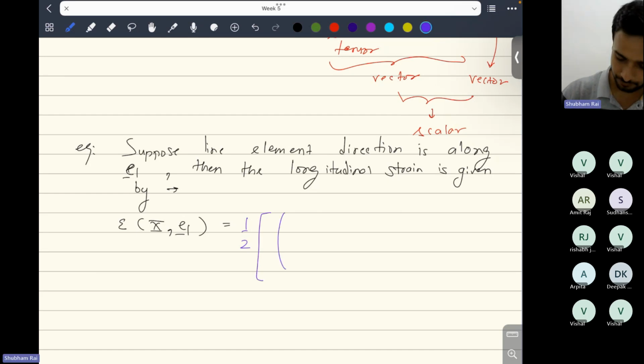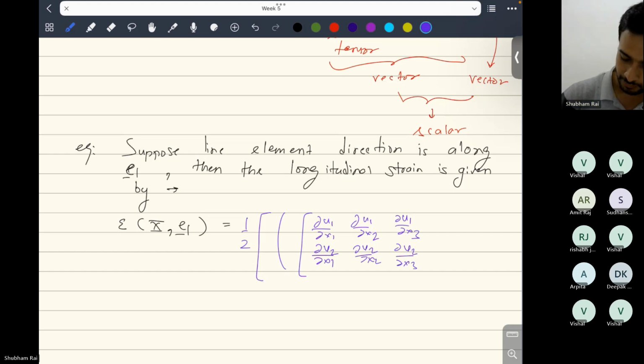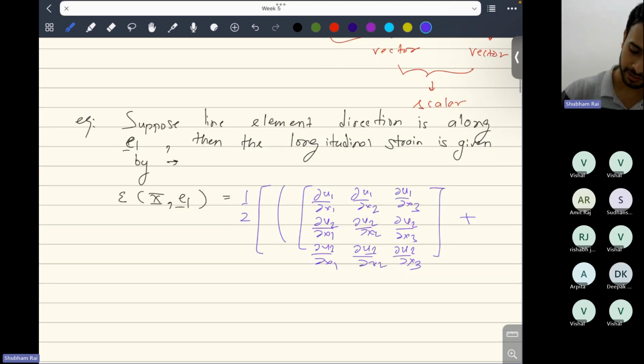Here you have grad u, so that is del u1 by del x1, del u1 by del x2, del u1 by del x3, del u2 by del x1, del u2 by del x2, and del u2 by del x3, del u3 by del x1, del u3 by del x2, and del u3 by del x3. You have this, and then plus transpose of this matrix.